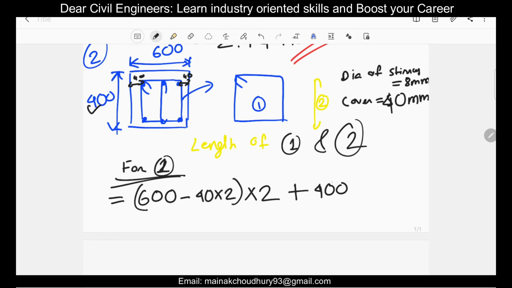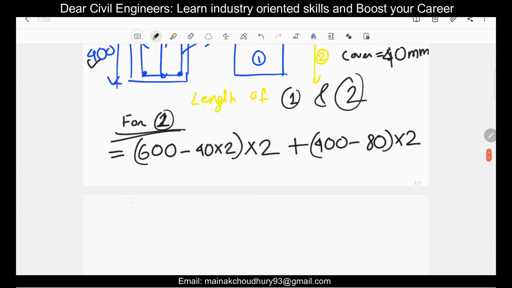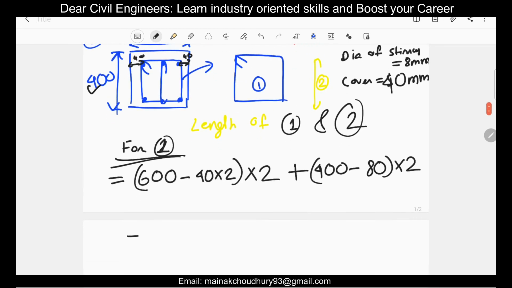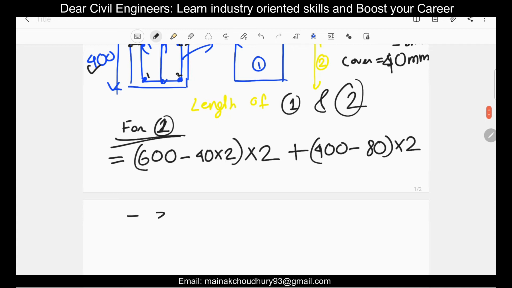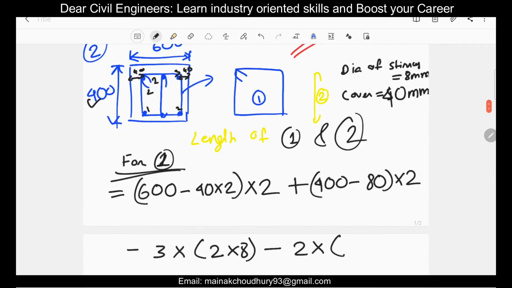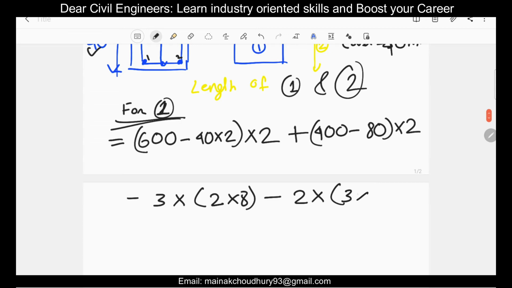So 400 minus 40 into 2, or 80, you can write directly, into 2. Okay, these are the main things and the deductions. So the deductions will be minus, there are 3 numbers of 90-degree bends here, 1, 2 and 3. So similarly there will be 3 bends into 2d. So 2 into 8, and there are 2 bends of 135-degree, that is for the two hooks here, 1 and 2. So it will be 2 into 3d.